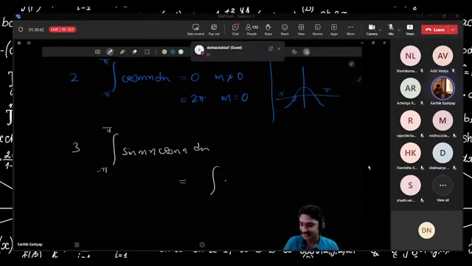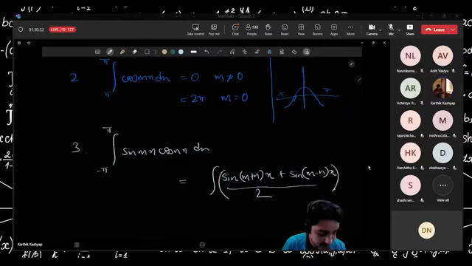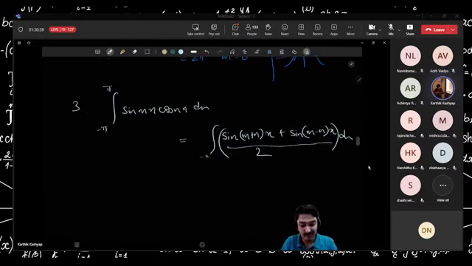So we can just write this as sine (m plus n) times x plus sine (m minus n) times x, divided by 2, dx. This is sine mx cos nx dx, right? So again, minus pi to pi.